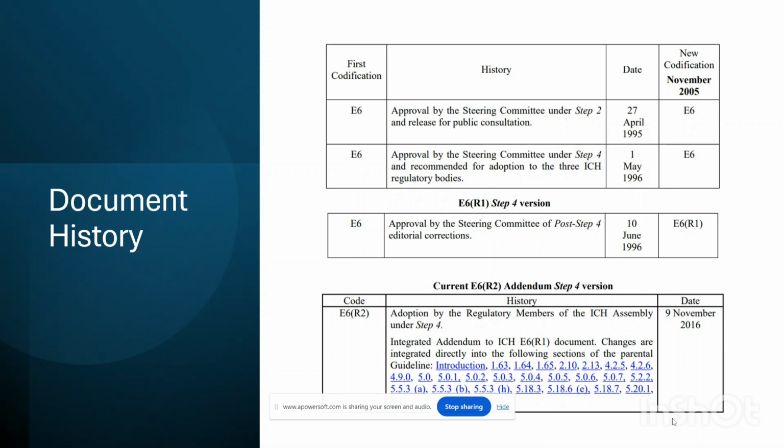It is known as the Integrated Addendum to ICH E6R1. These guidelines included requirements for risk-based monitoring, electronic records, and informed consent, among other topics.